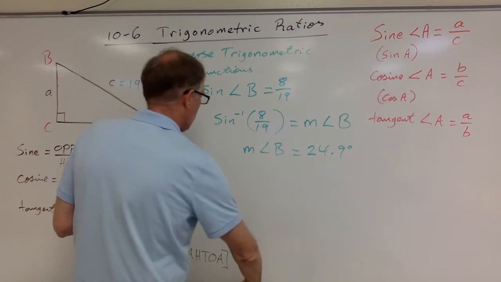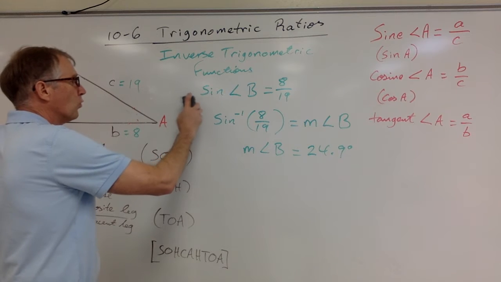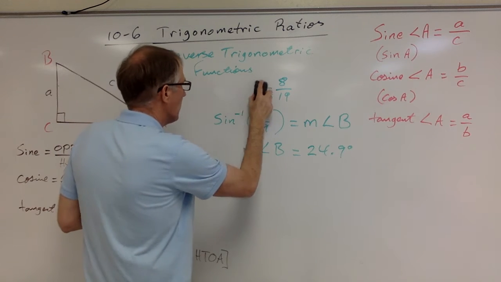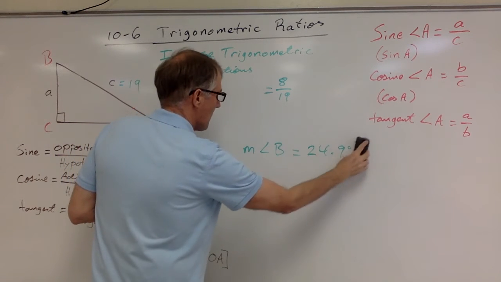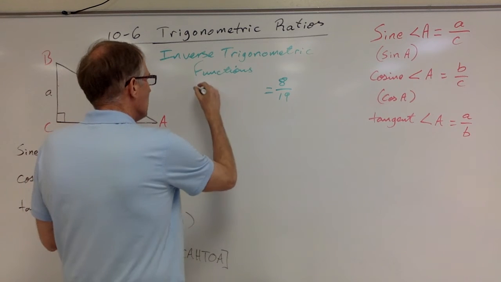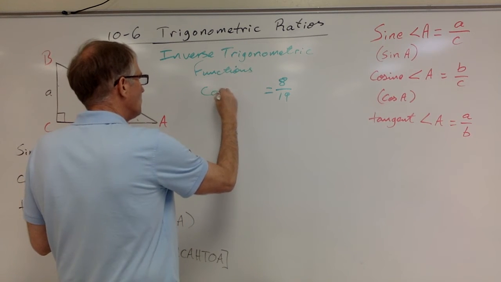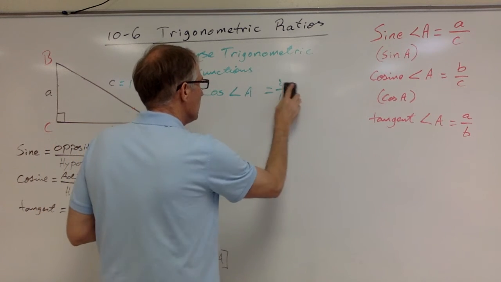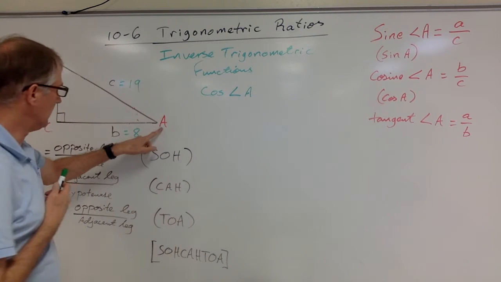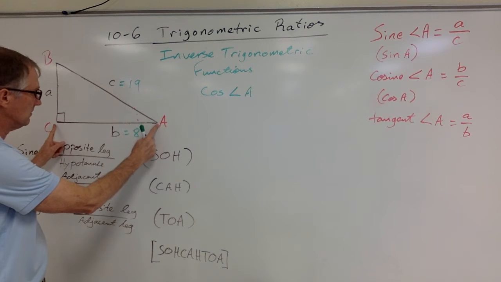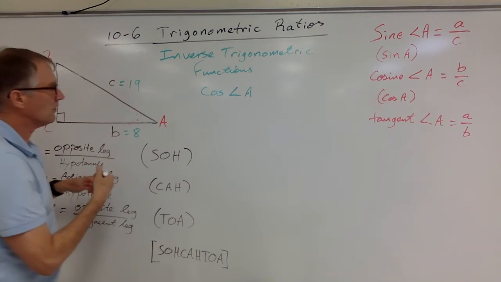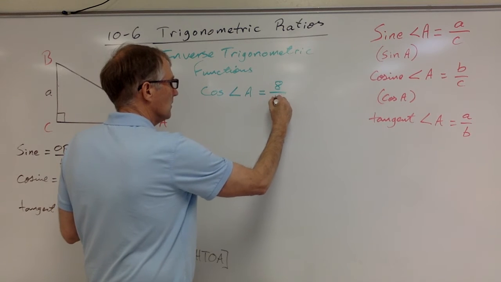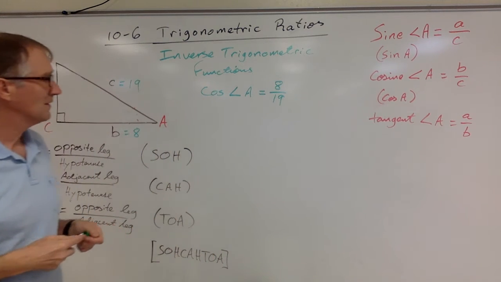Interesting. So 24.9 degrees. What is the value of the cosine of angle A? Here's angle A. Cosine is adjacent over hypotenuse.